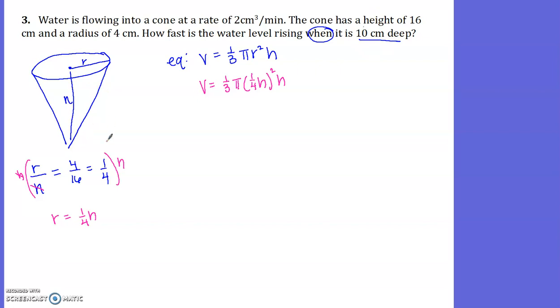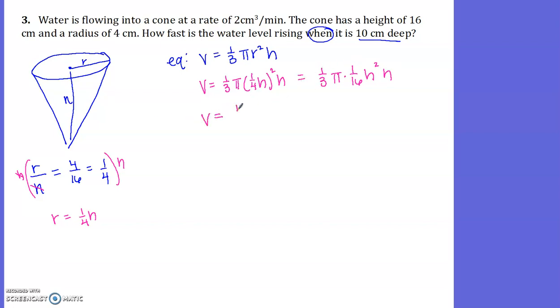That's the height. Okay, so we're always going to solve for r, plug it in terms of h, and our final equation should just have an h in it. So this is going to end up being 1/3 pi times, this will be 1/4 squared is 1/16, then h squared times h. And then your very last step would be to simplify.